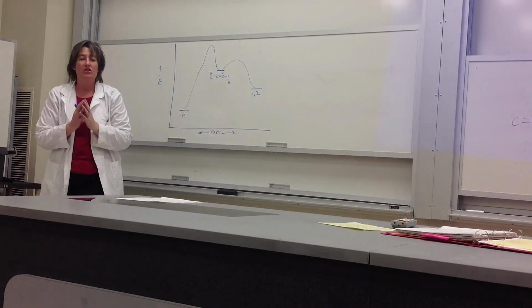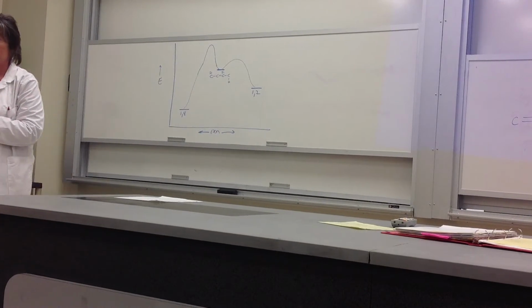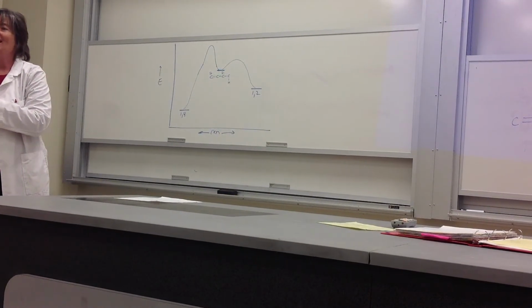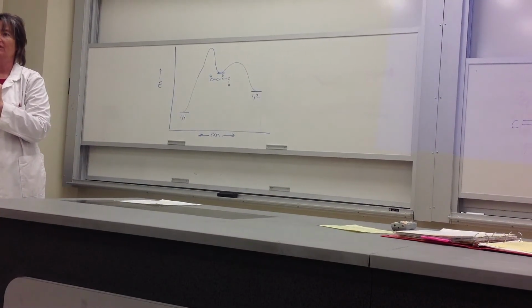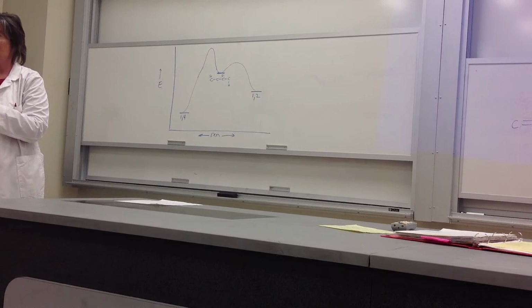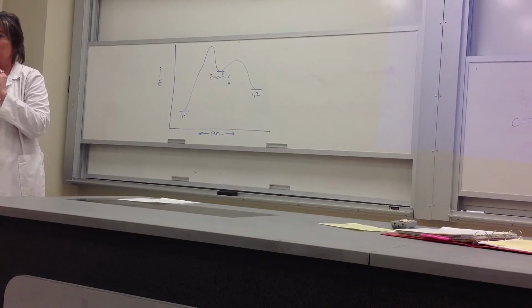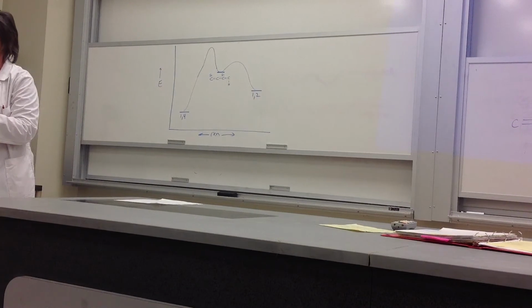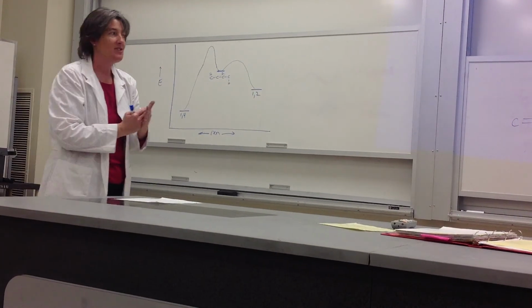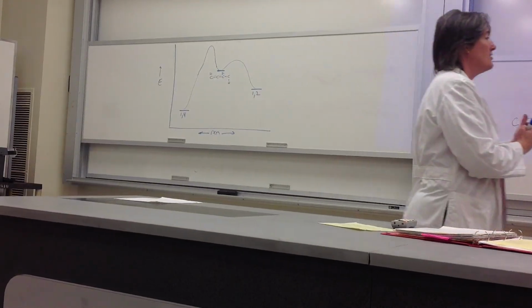When you're running a reaction really cold, what don't you have a lot of? You don't have a lot of energy, right? So you are going to be following the path of least resistance. So if it's really, really cold, you're going to get most of whatever is easier to form. Which one is that? 1,2.